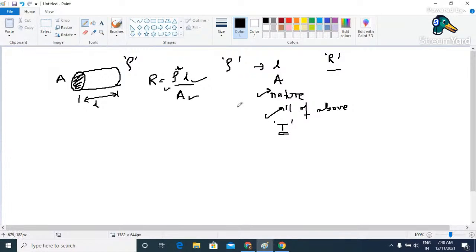Now suppose you are interested to find out how the resistance of a material is going to vary with respect to temperature.